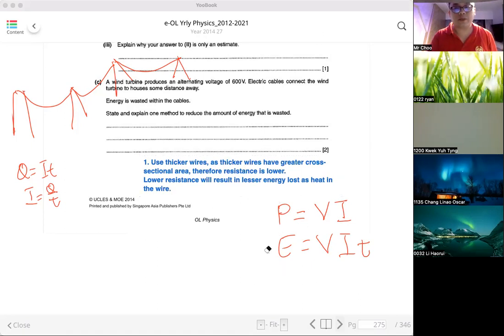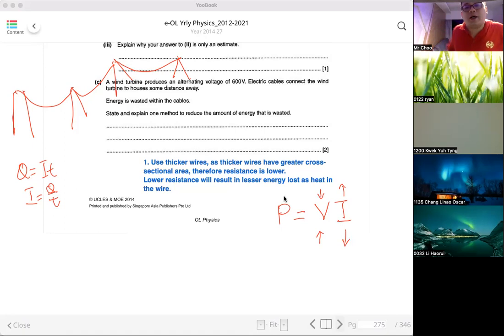Let me erase this one. I repeat myself again. The power supplied from one end to the other end should have a constant power. So if you increase the current, your V will drop. Likewise, if you decrease the current, your V will increase to maintain the same power.